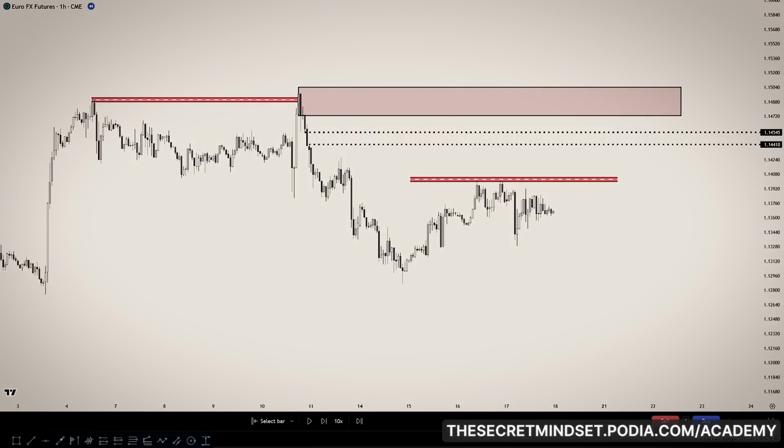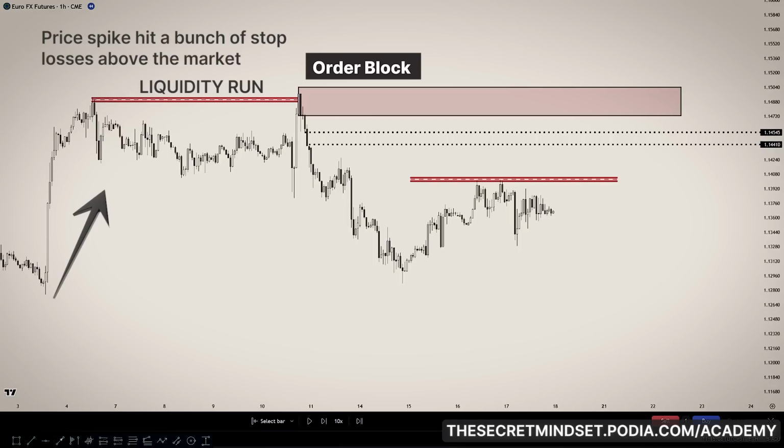Let's say price has been going up for a while. Then it makes a quick spike higher. This spike might hit a bunch of stop losses above the market. That's our liquidity run. Right after this spike, price drops hard. It falls below recent lows. This is our break in market structure. The uptrend is now in question.